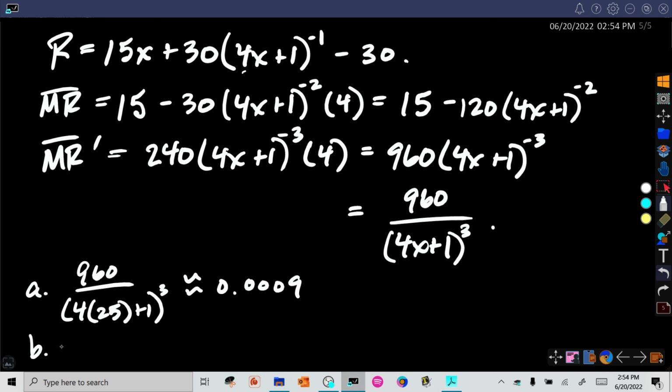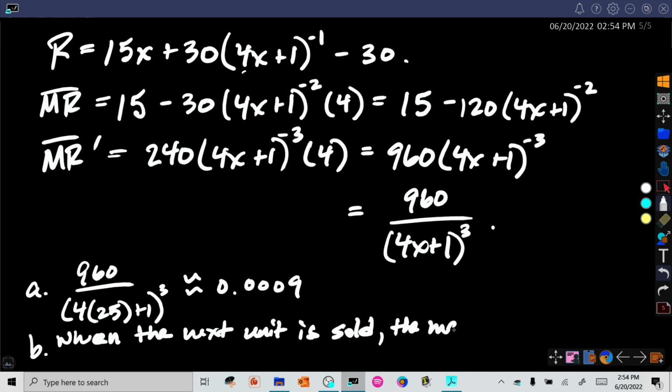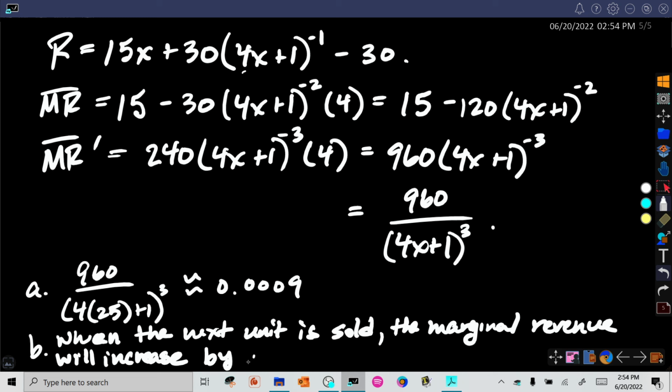What it's saying is when the next unit is sold, the marginal revenue will increase by about, this is a dollar amount, I should point out.